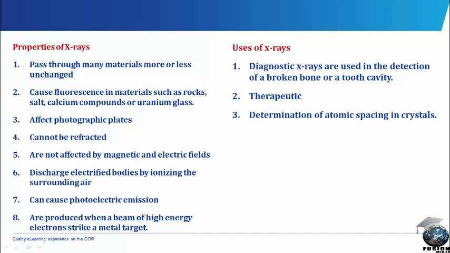They are not affected by magnetic and electric fields. They discharge electrically charged bodies by ionizing the surrounding air. The seventh one on the slide: they can cause photoelectric emission, and are produced when a beam of high energy electrons strikes a metal target.